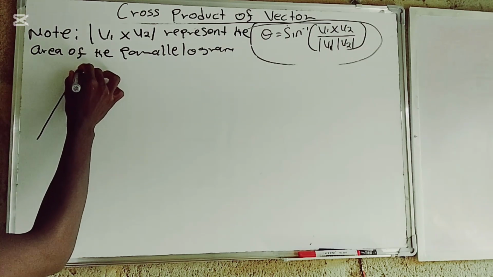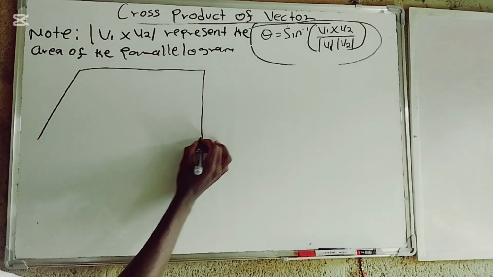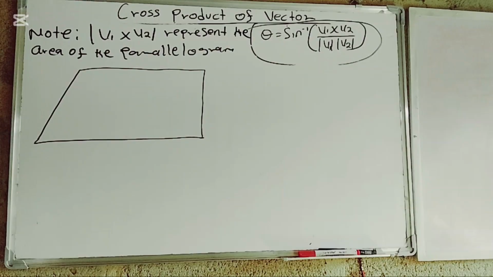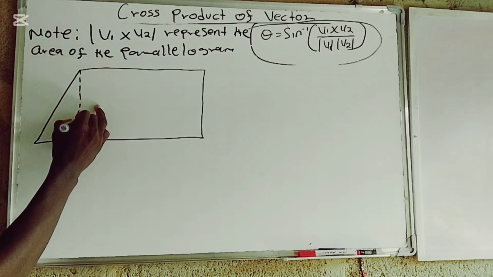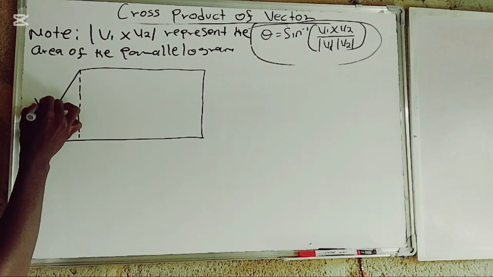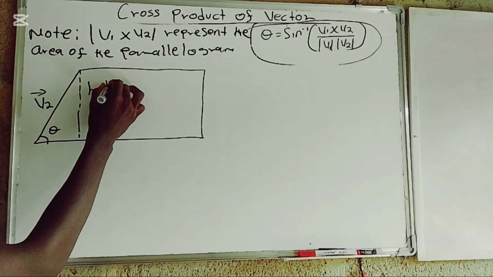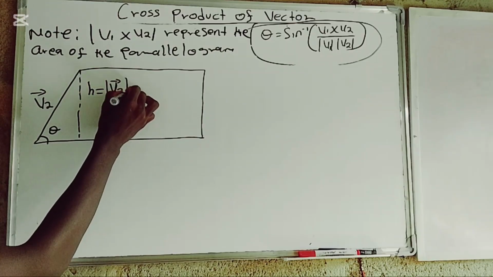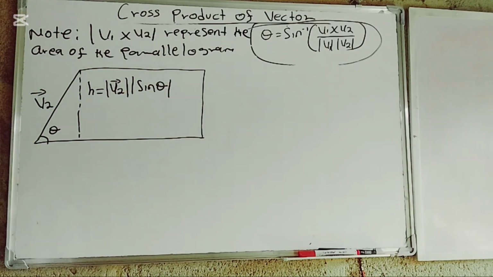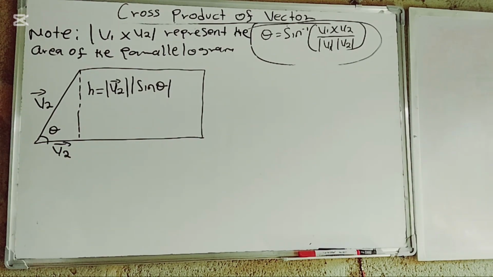Let's say we have a parallelogram. Yes, and therefore we have something like this. We have the angle, and this is V2, and therefore the height should be equal to the magnitude of vector V2 times sine theta. And this is V1.